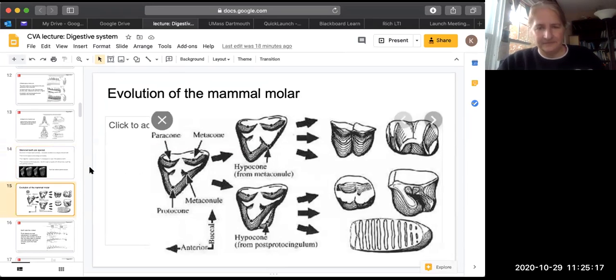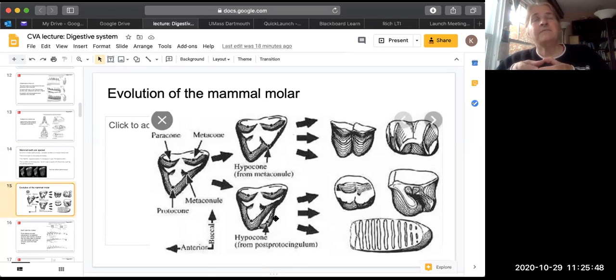So here's an example. These are tribosphenic teeth. You can see this triangle shape. Teeth people are obsessed with naming everything. Anyway, the hypocone is that fourth cusp that starts evolving in the mammals and sticks out. What's so important about that is that it increases the surface area for grinding.